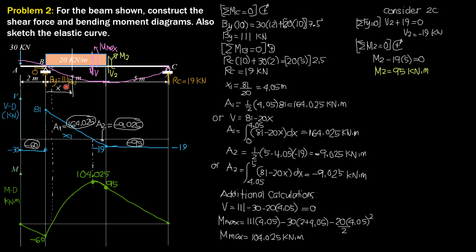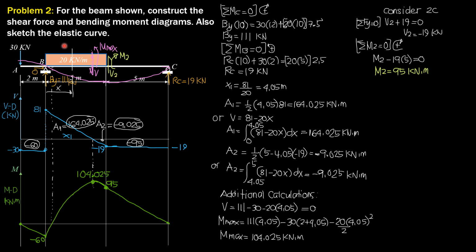Another way, the shortcut way, as long as the uniform load is constant: take the shear of 81 divided by that uniform intensity of the load 20, so 4.05 meters.